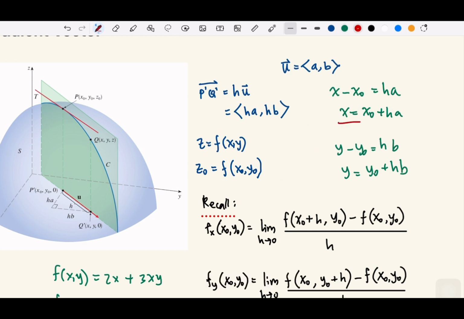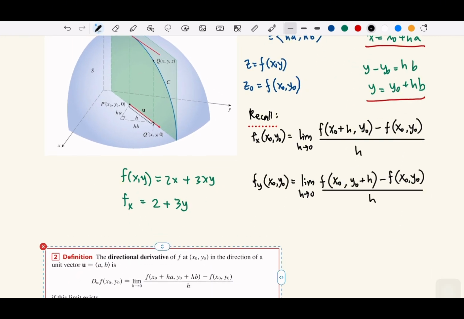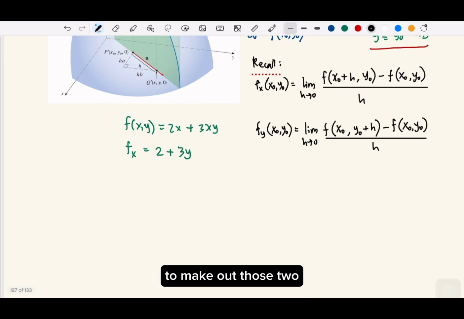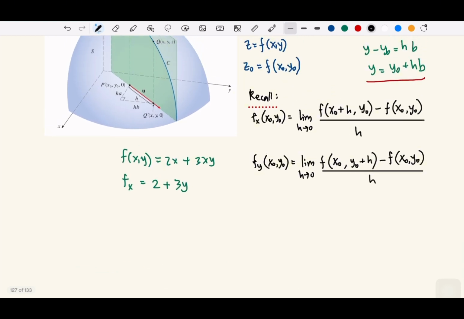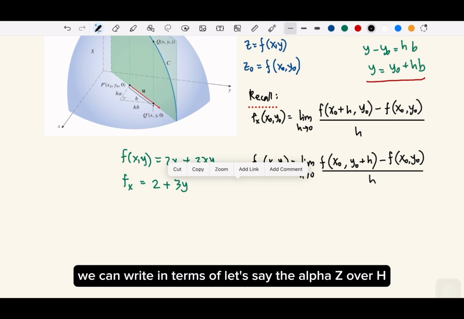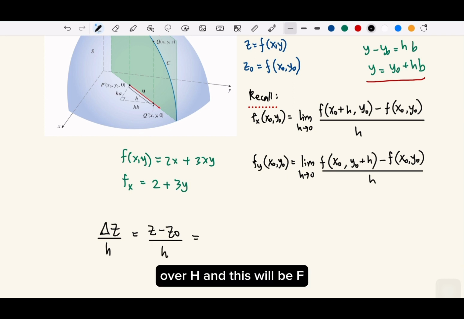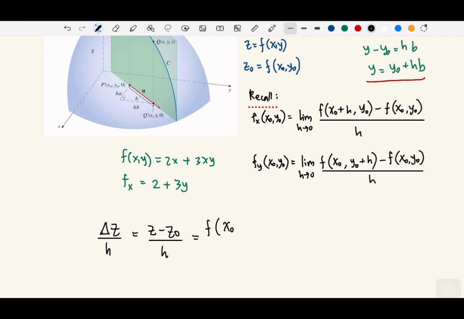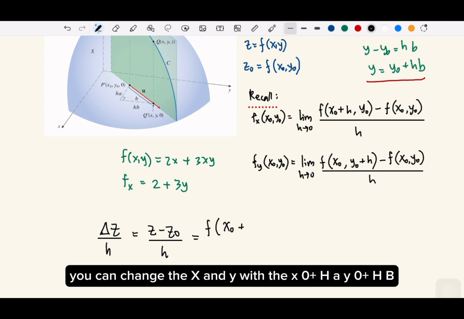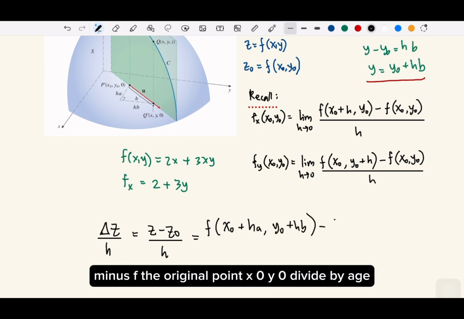We have these two expressions, so we can write in terms of the delta z over h, z minus z0 over h, and this will be f, and then we can change the x and y with x0 plus HA, y0 plus HB, minus f of the original point x0, y0, divided by h.